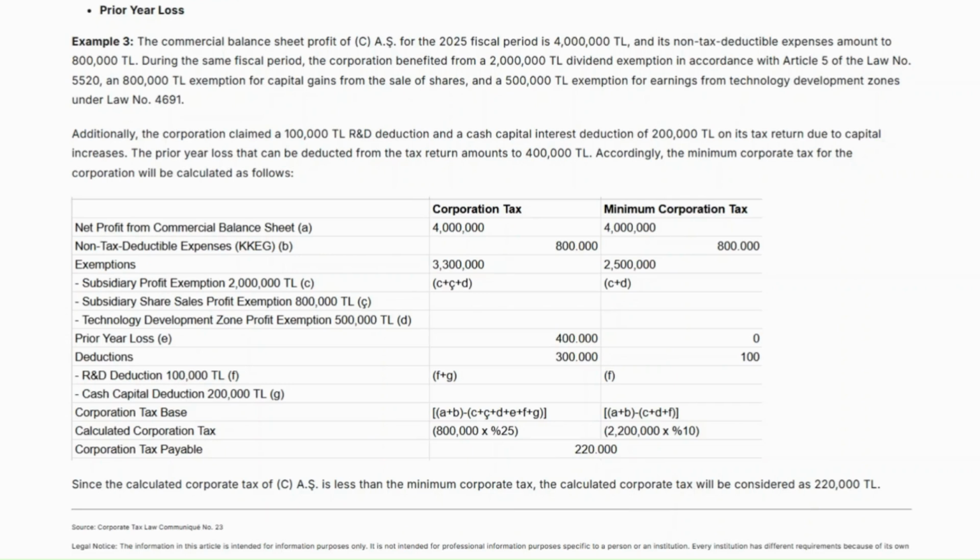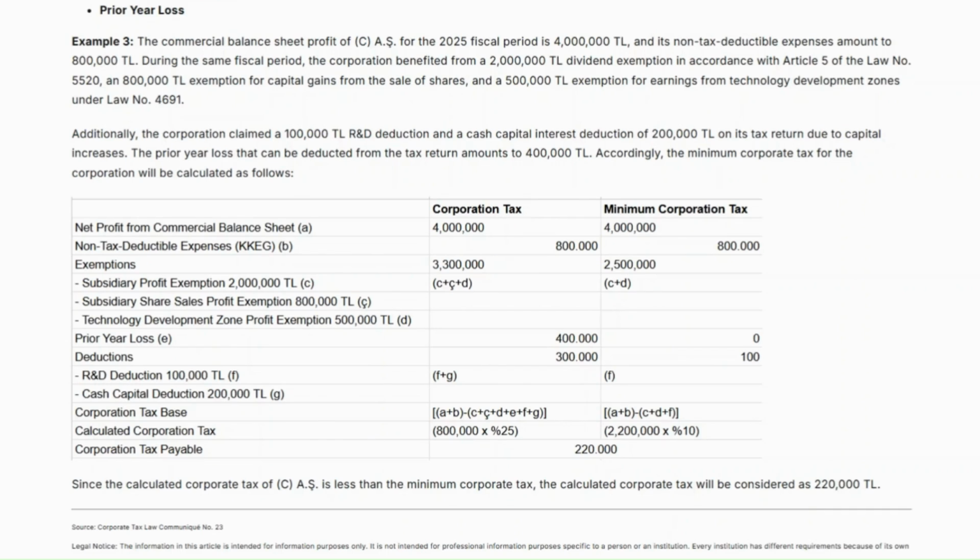This example includes a significant exemption, the real estate sales income exemption for that repayment, and it was 4 million. This amount is subtracted from the taxable income. There were also some discounts, the R&D discount and investment discount, and these discounts further reduce the tax base. You can see the corporate tax base calculation formula here.